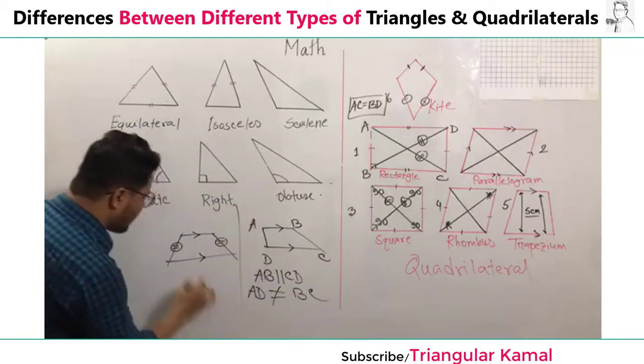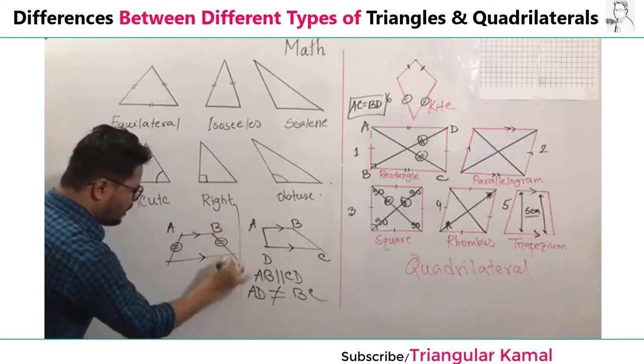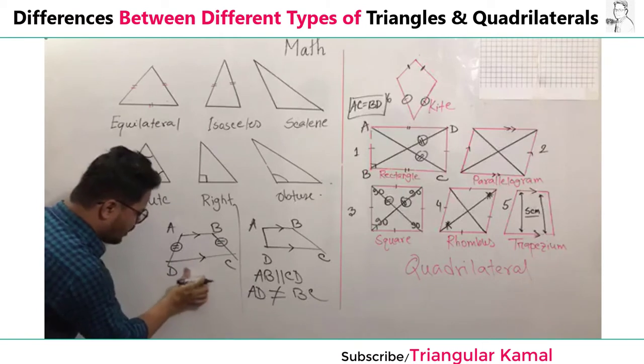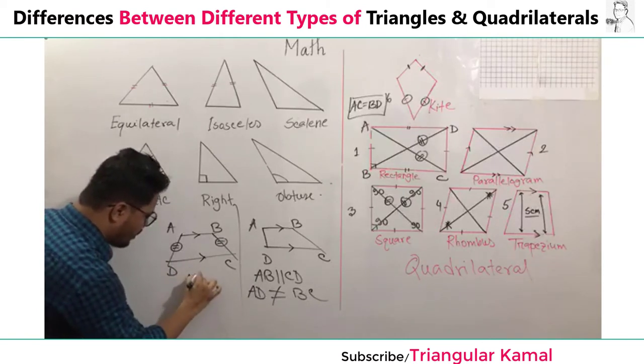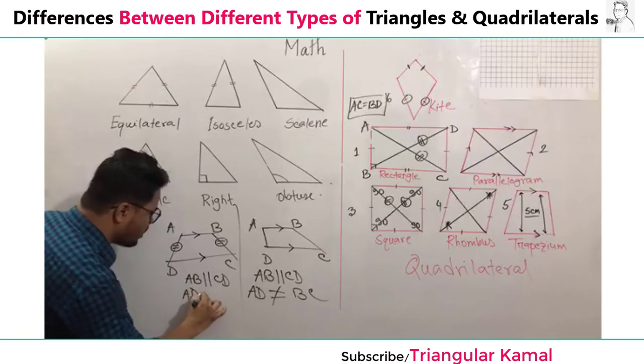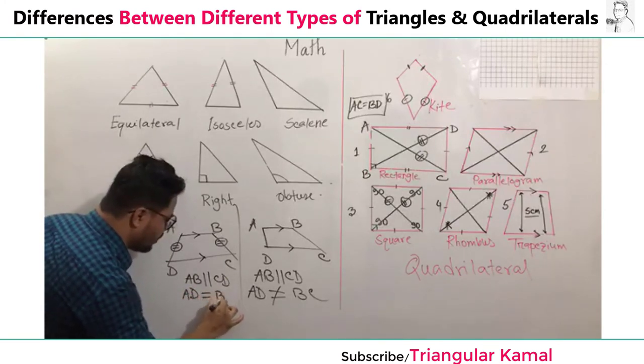But in this figure, A, B, C, D, AB is parallel with CD, and here AD is equal with BC.